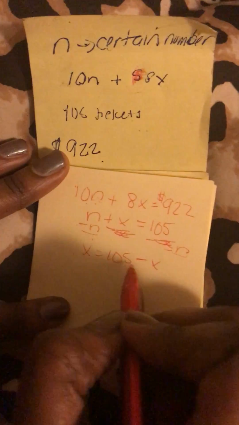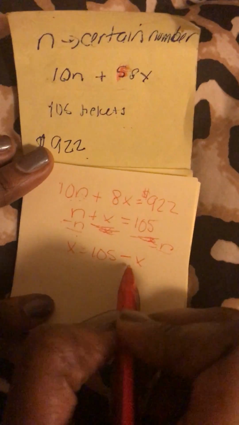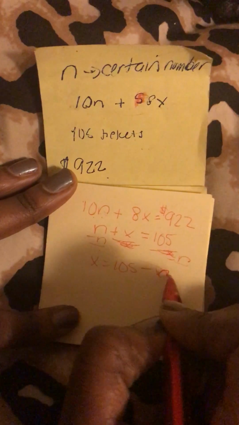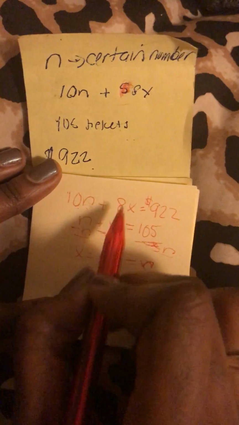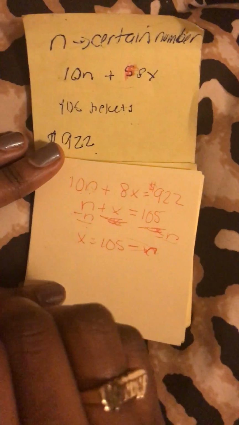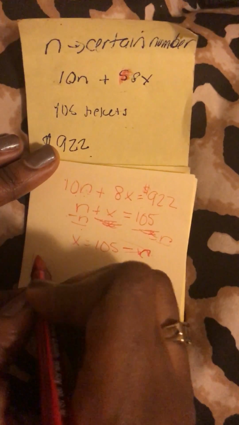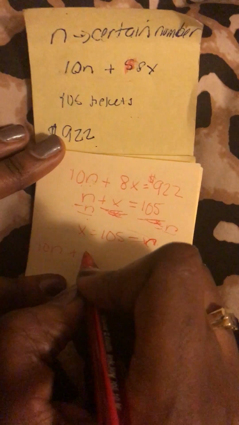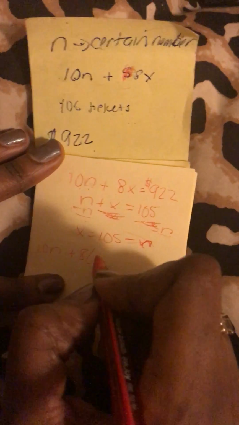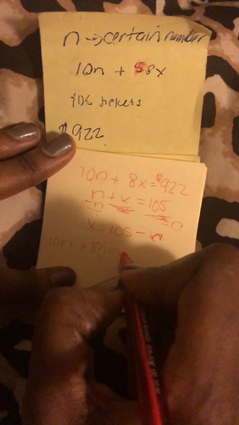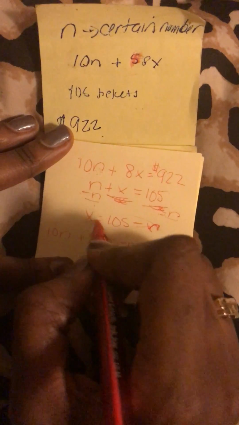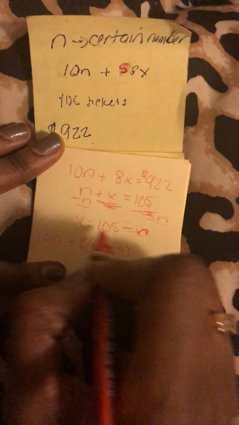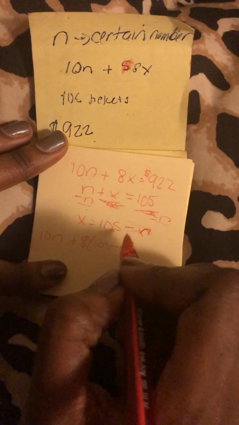So what I have, let's plug this value in for X up here, and I will have all N's. 8 times 105 minus N, because we found that X is the same as 105 tickets minus N tickets.